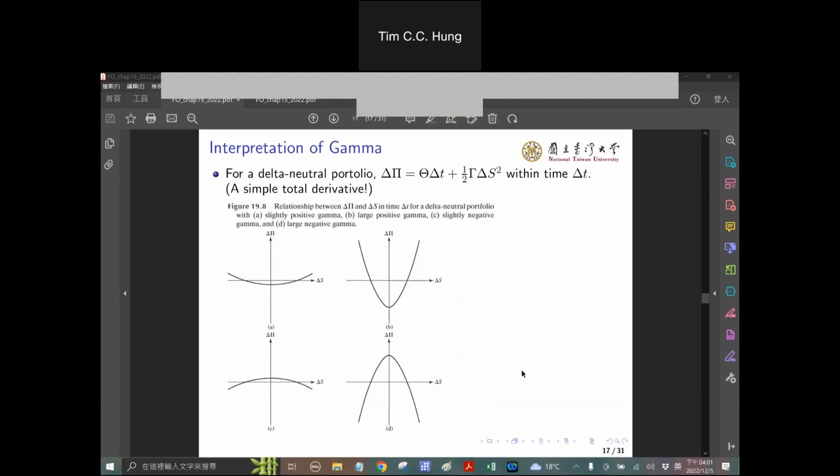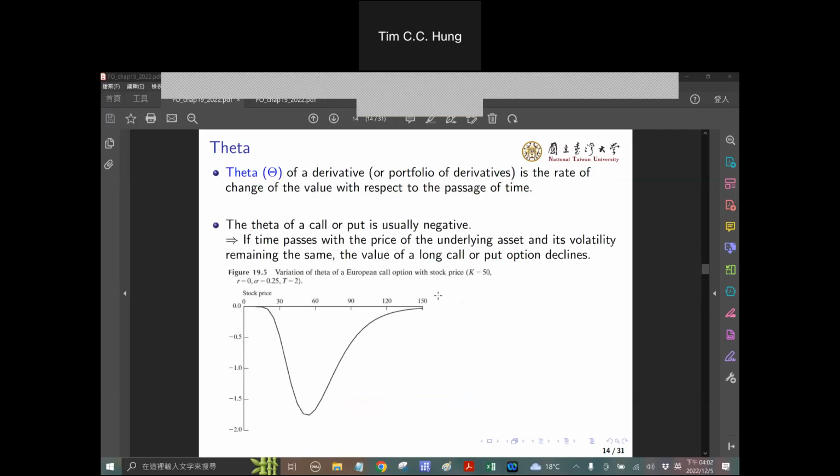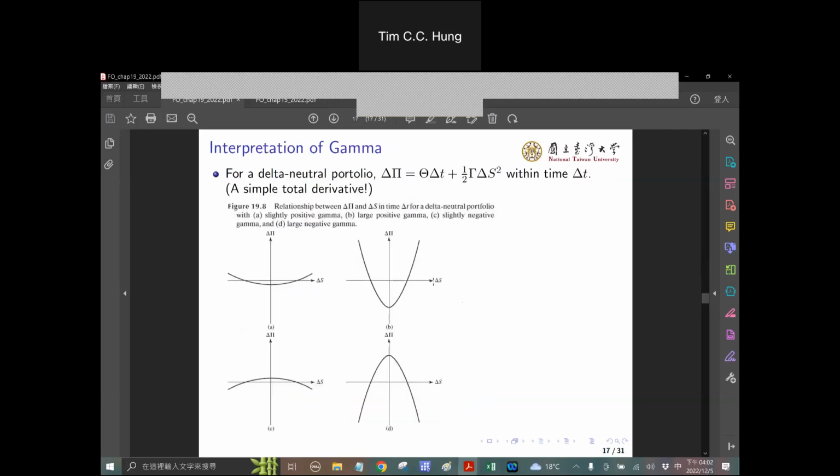So first, remember that previously I mentioned theta in most cases is usually negative. So you can see that when we think about the scenario where the price change is almost 0, we begin.